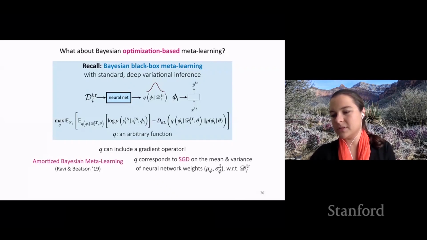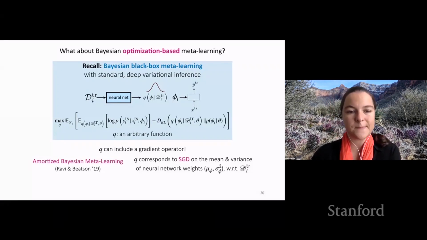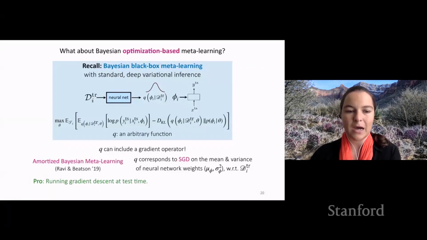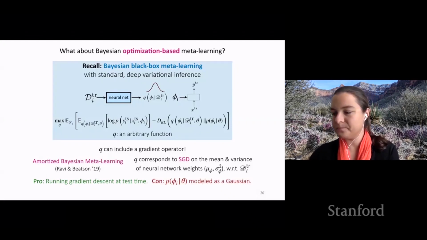This is what this paper by Ravi and Beatson did, where Q corresponded to running SGD on the mean and variance of neural network weights with respect to your training data. They still optimize this objective, they just change the form of Q. The benefit of this is that it gives you a way to run gradient descent at test time while still giving you a distribution.